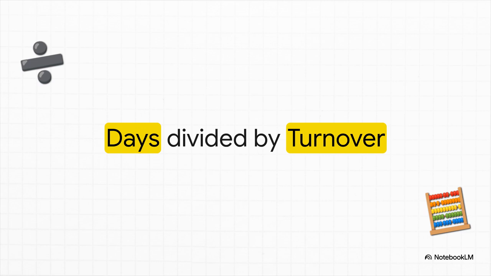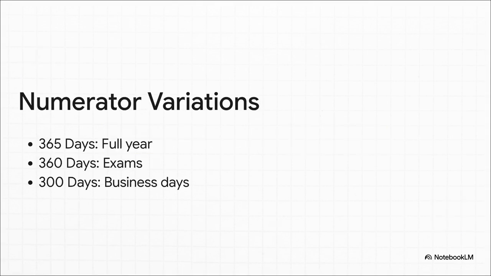But hold on a second, because that top number, the days, has a bit of a catch to it. You really need to pay close attention to the exam prompt here, because this is exactly where a lot of candidates lose super easy points. The top number, your numerator, isn't always going to be 365. It changes based on what the question explicitly specifies.